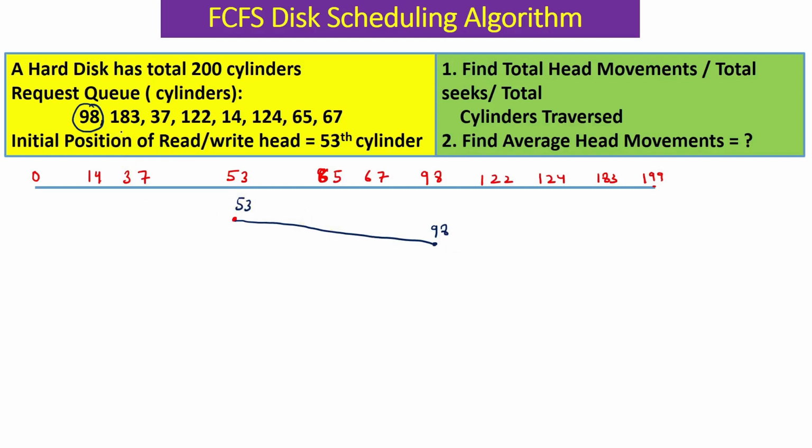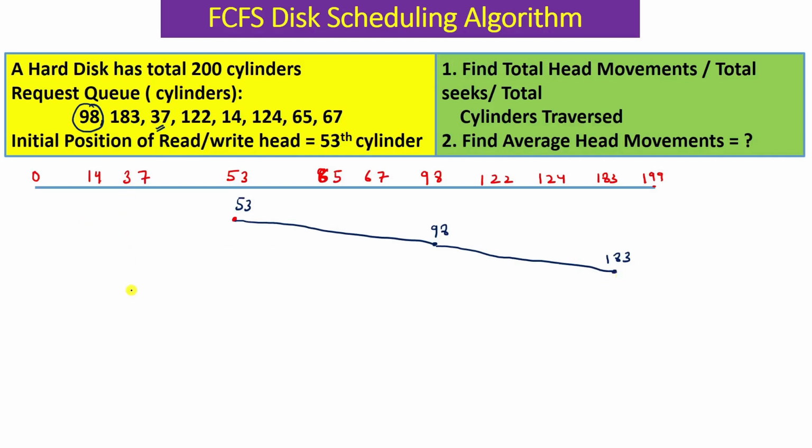Then I am going to the 183rd track, or 183rd cylinder. My current position is 98, and now I'm going to the 183rd track to service it. I will go in the same direction, and I'll go here. This is the 183rd cylinder number. Now this is my current position of the read write head. Now the third request is 37. So where is the 37?